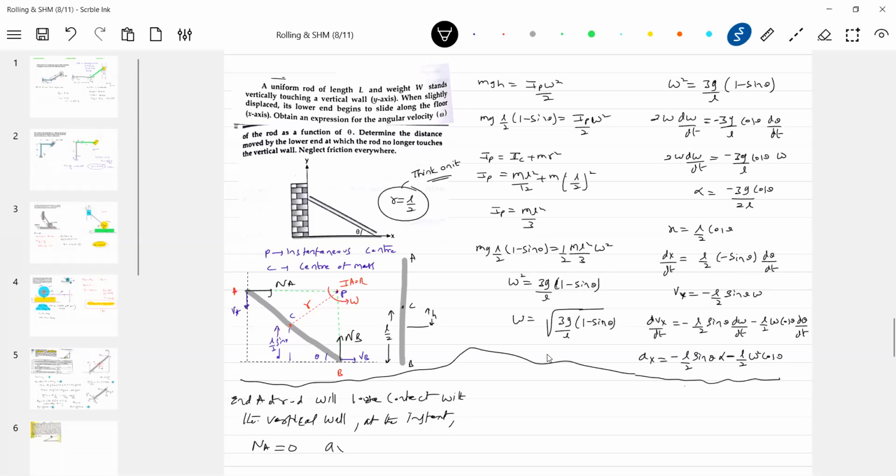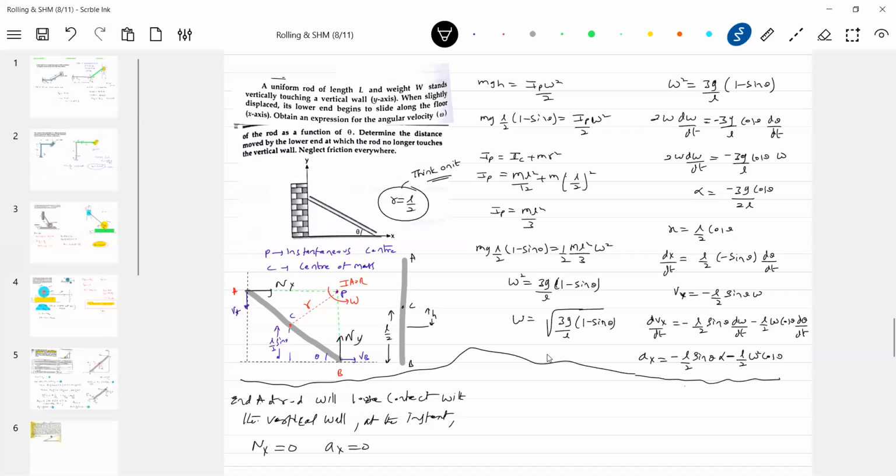If Na is 0, then the acceleration Ax must be 0. Okay, that I'm going to put as a condition.